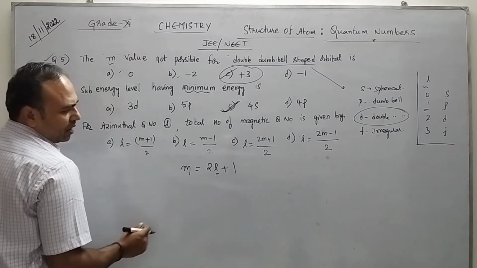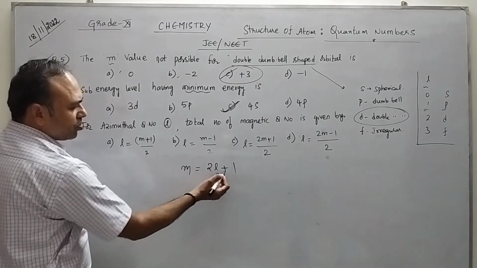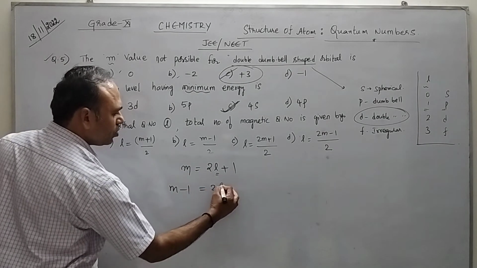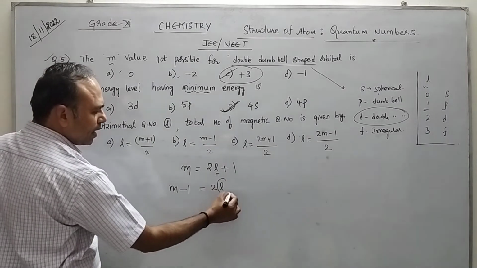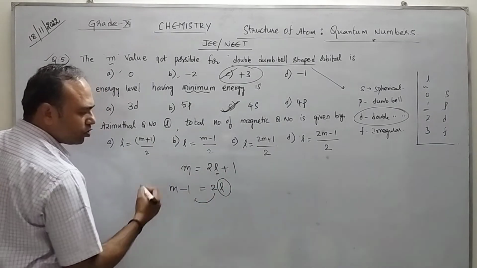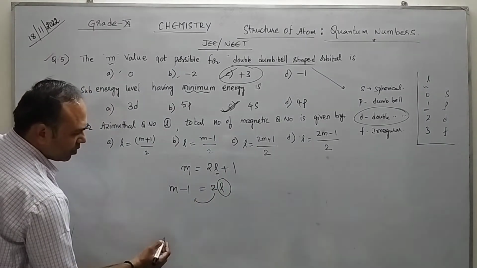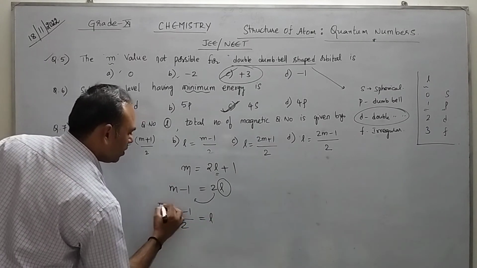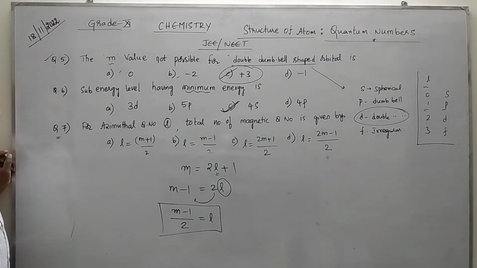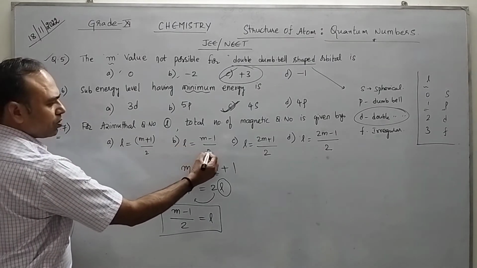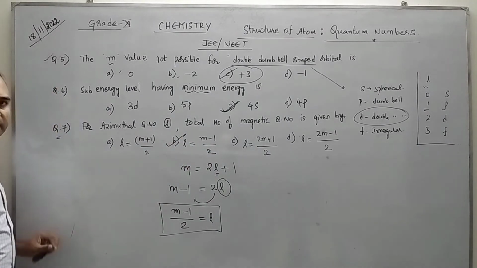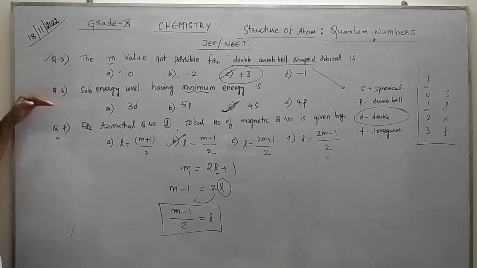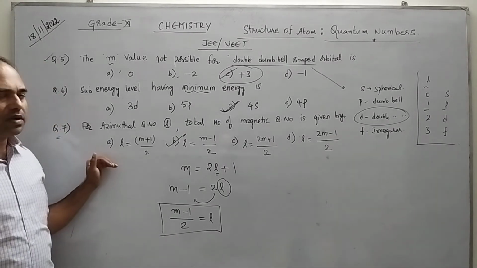So send 1 to the other side: m minus 1 is equal to 2L. You want only L. Therefore by sending 2 to the other side of the equation, you get (m minus 1) by 2 is equal to L. Let us see which is correct here. (m minus 1) by 2. So we can say that option B is the correct option. Hope you have understood this. Questions 5, 6 and 7. Now let us move to question number 8.